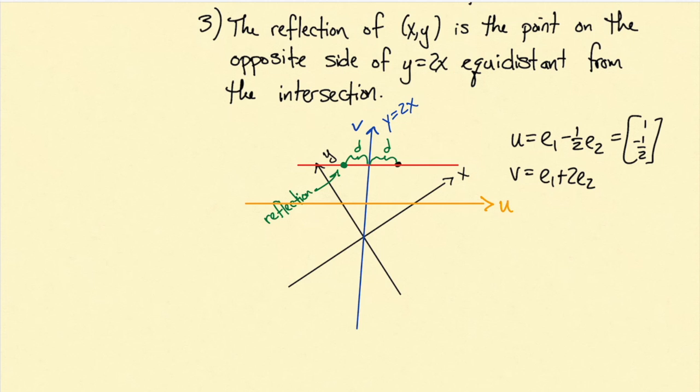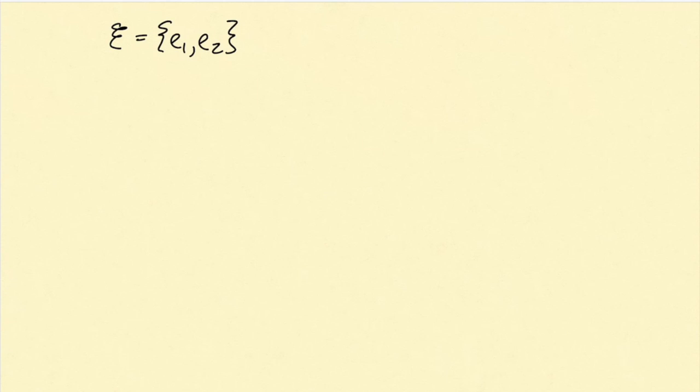Now that we understand this geometrically, we can use this change of basis business to perform the actual algebra. We have two bases: E, the standard basis, with the usual x and y coordinates, and B, our new basis.